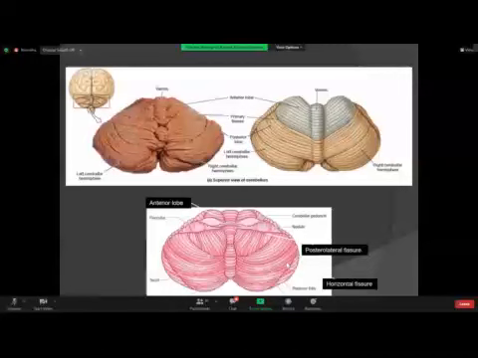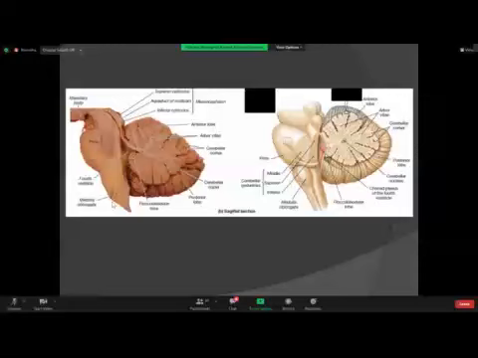The cerebellum is composed of three parts: the anterior lobe, the posterior lobe, and you have the vermis over here. Again, anterior, posterior, vermis. And again, it plays a lot of functions.